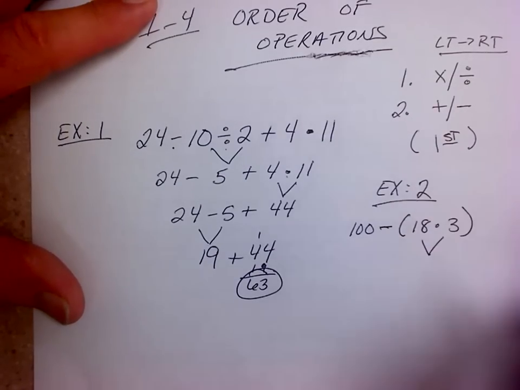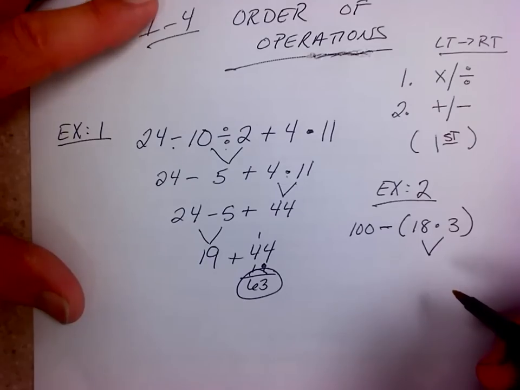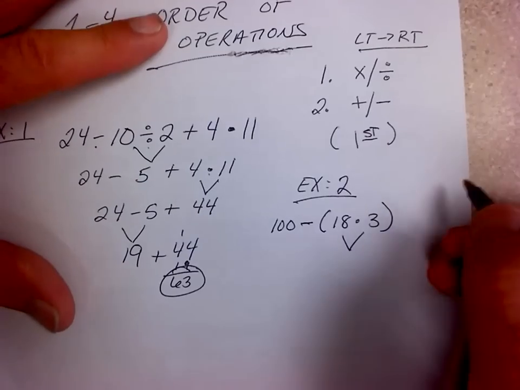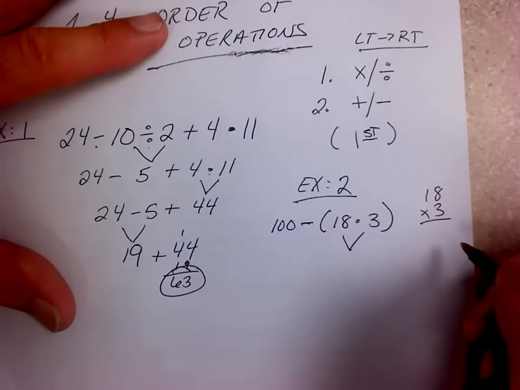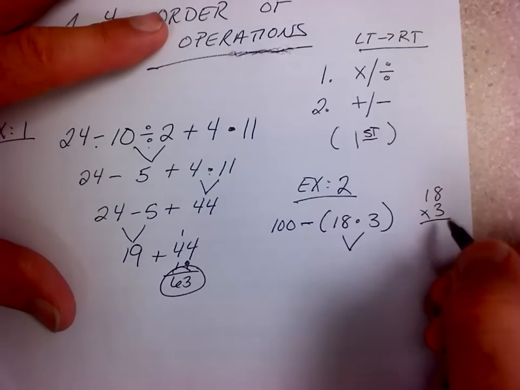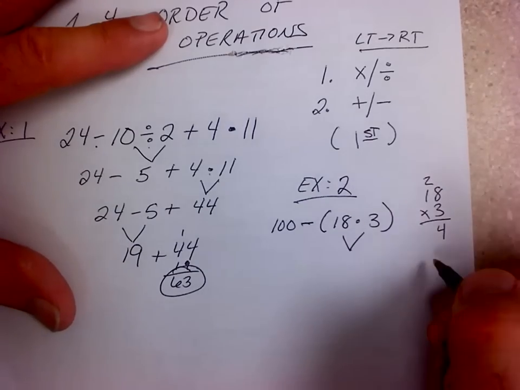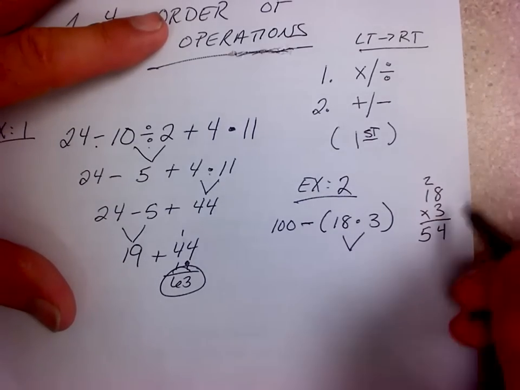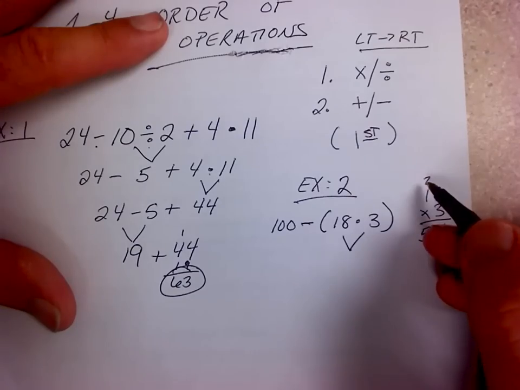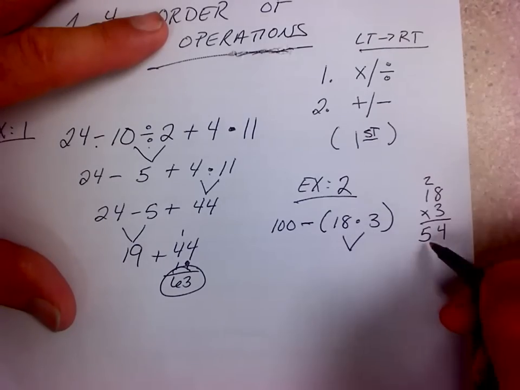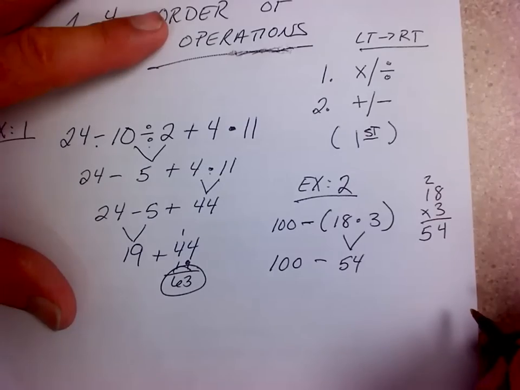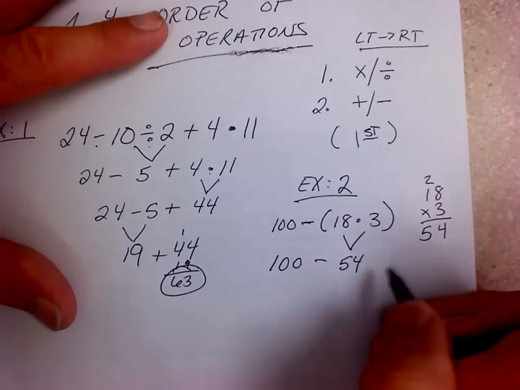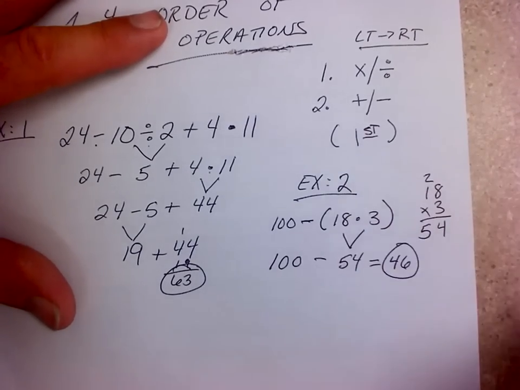So we're going to deal with this 18 times 3 in the beginning. And as we've mentioned before, we may need to do some multiplication off to the side. Whether it's lattice or standard, teachers aren't going to care, but we may need to do this because we want to stay away from calculators for a while. 3 times 8 is 24, carry the 2. 3 times 1 plus 2, so we get a 54. So that leaves us with 100 minus 54, which gives us 46.